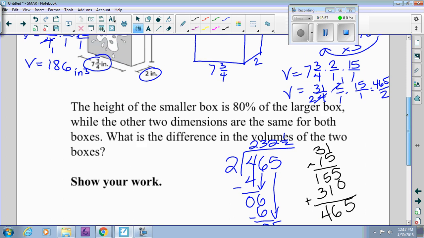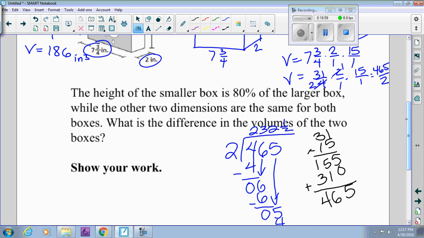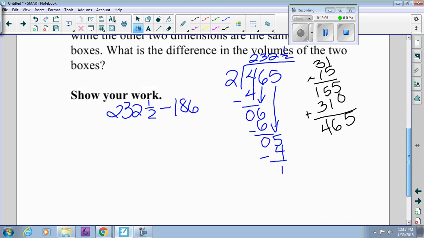Wow. So we need to subtract these. 232 1/2 minus 186 is what we need to do. That's pretty easy. I'm going to just change it to a decimal. That's just going to make me feel better. 0.5, 186.